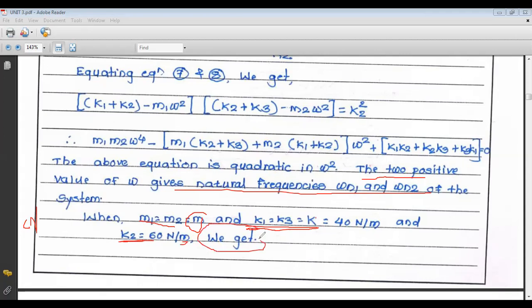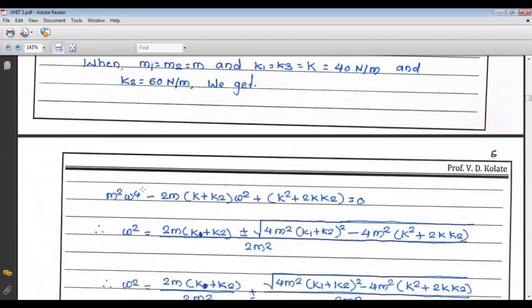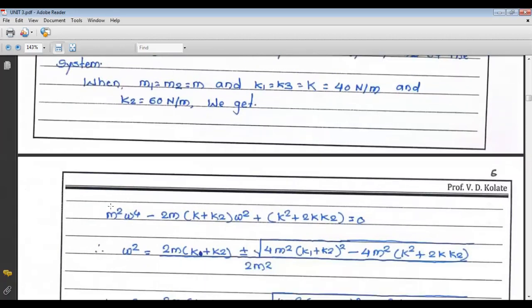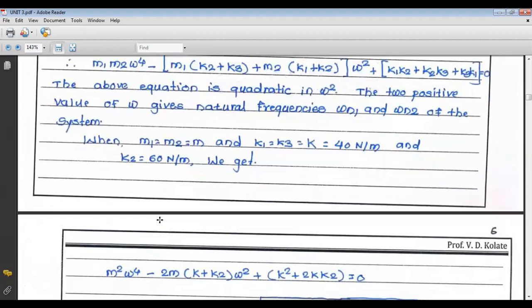So after putting that value, what will happen? We get m into m omega raised to 4, minus m1, that is nothing but m. Now K2 plus K3: K2 value is the same, K3 is the value of K. So K plus K2, into omega square.